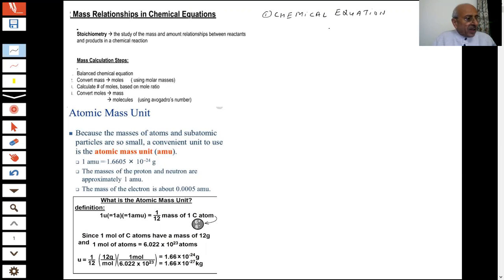And in the chemical equation, to give complete information, we should mention the physical state of the reactants and the products.